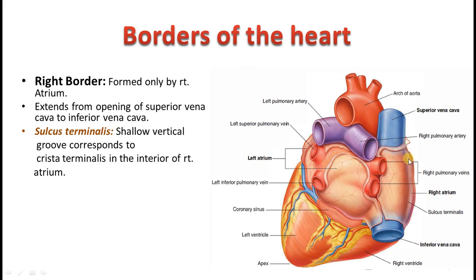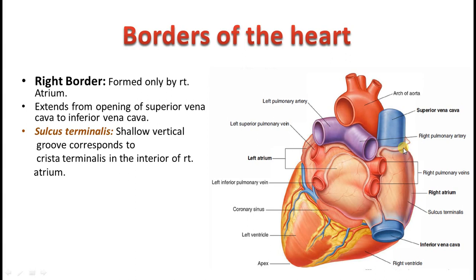On the interior aspect, it is represented by a raised margin called the crista terminalis. So the interior crista terminalis is represented as a sulcus on the external surface of the right atrium, along the right border.